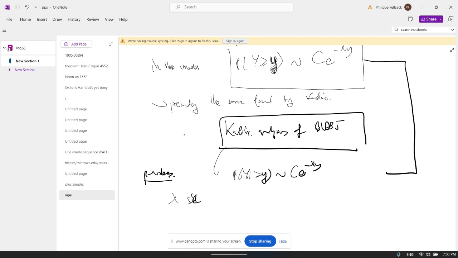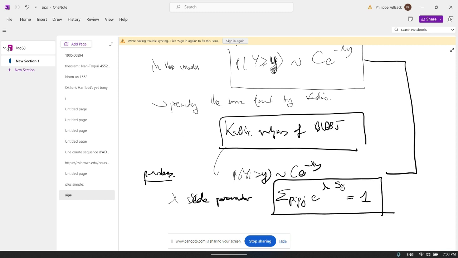So this is called the scale parameter, and lambda is obtained by solving this equation. This equation here is the equivalent of our very simple log q over p equals lambda equation in our model.